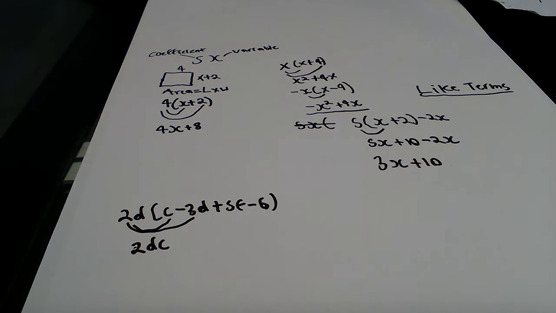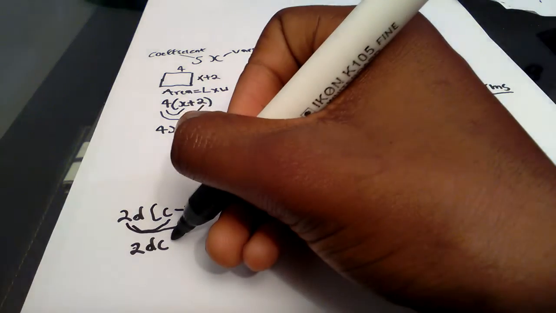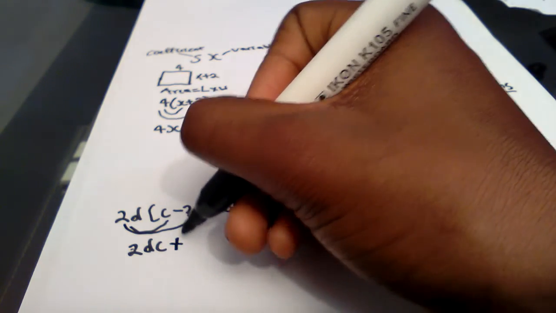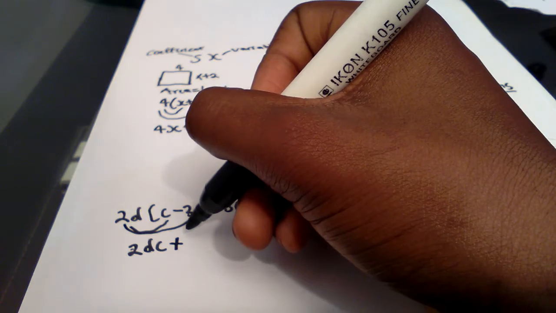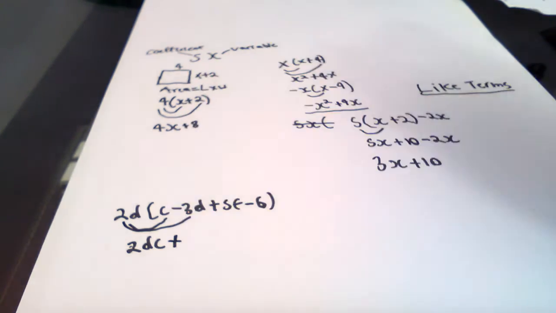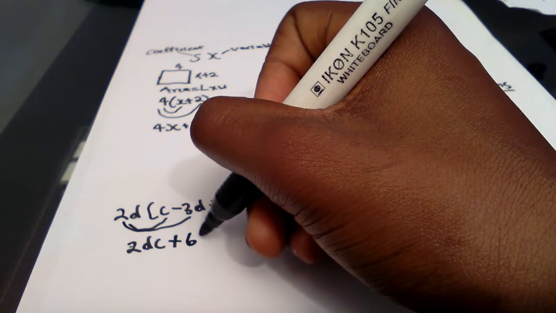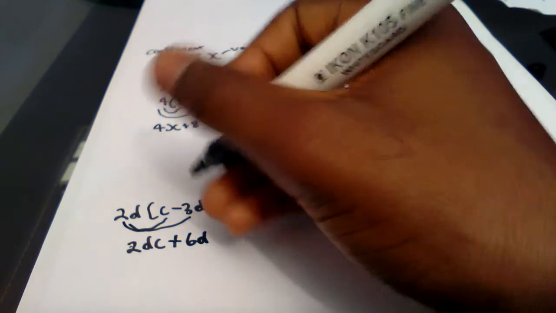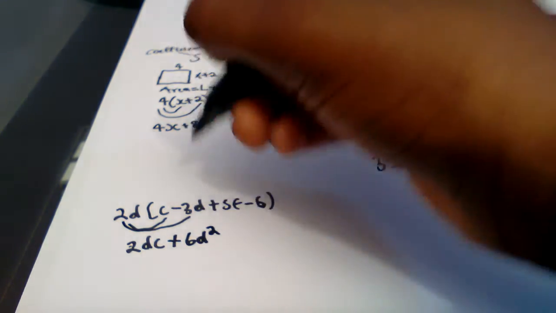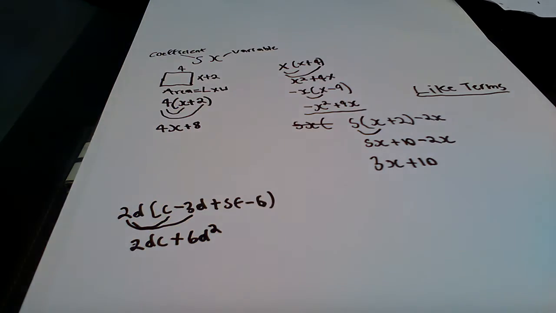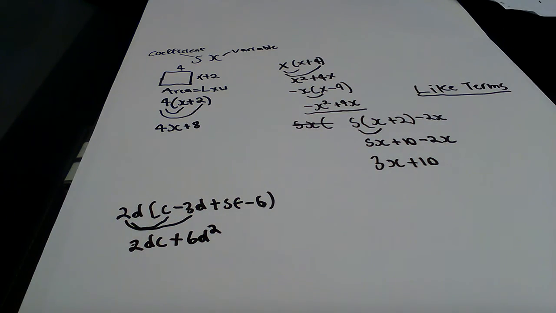A negative number. So 3 times 2, 6. So it'll be plus 6d squared, alright? Because it's d times d, and a variable times the same variable will be the variable squared, okay? Simple as that, okay?